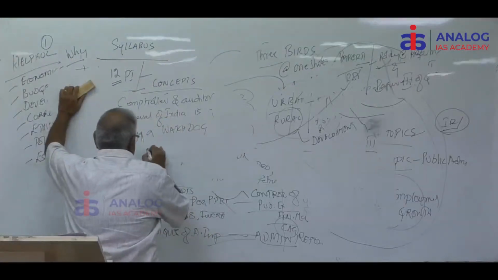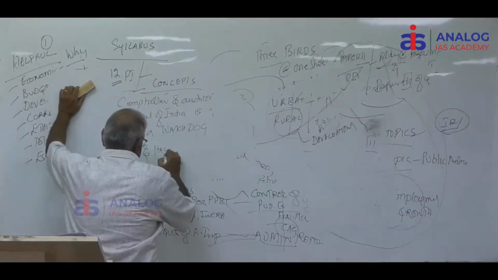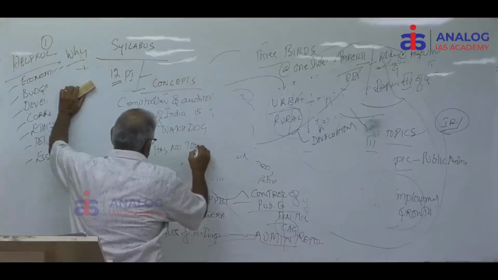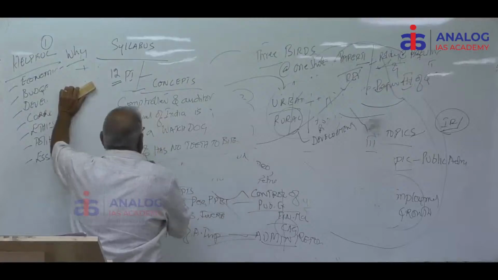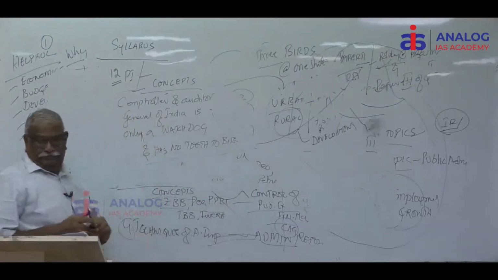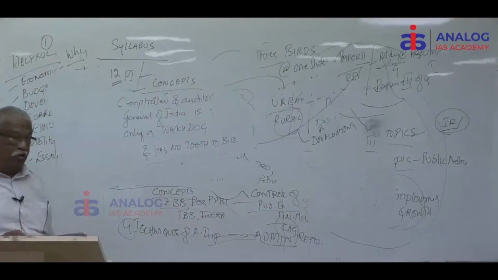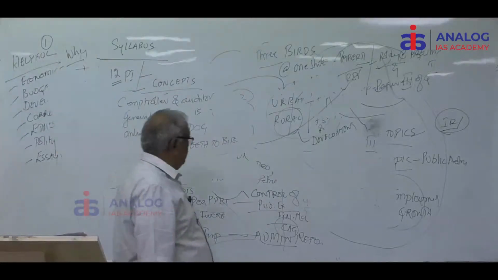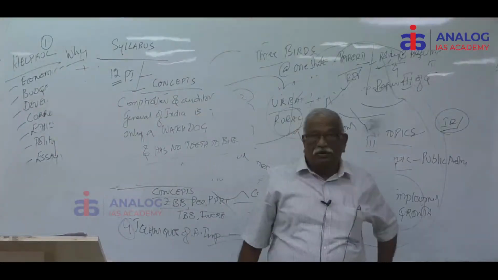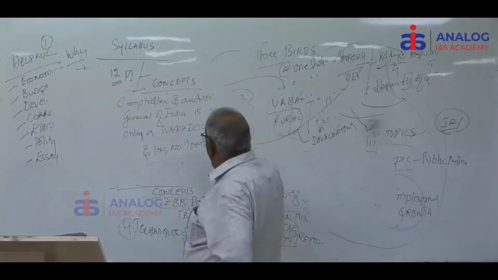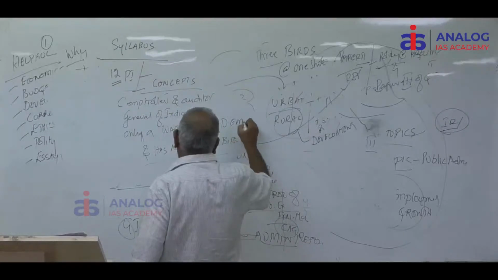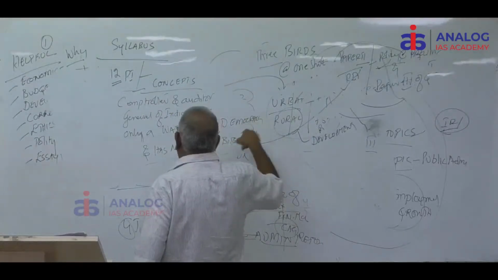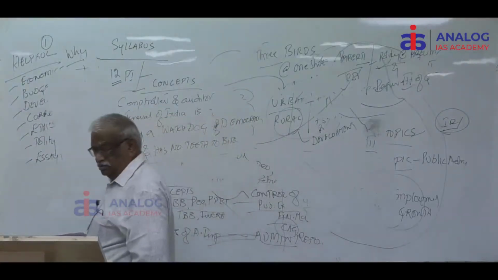Only a watchdog and has no teeth to bite. This is a question. It was asked. What is your opinion? Comment. Comptroller and Auditor General is only a watchdog of democracy, and has no teeth to bite.